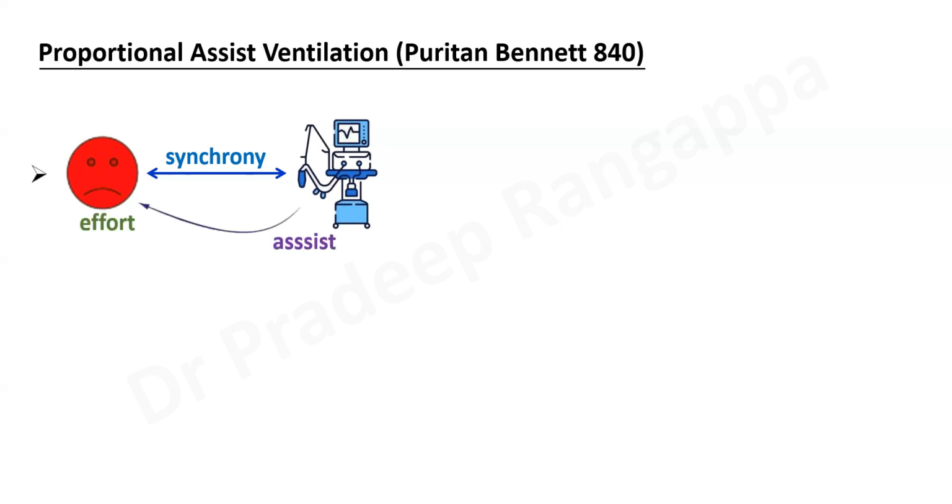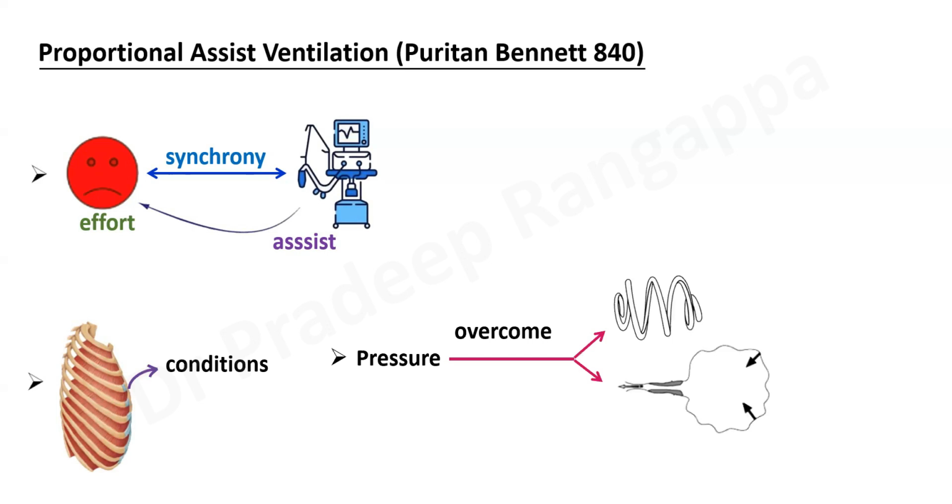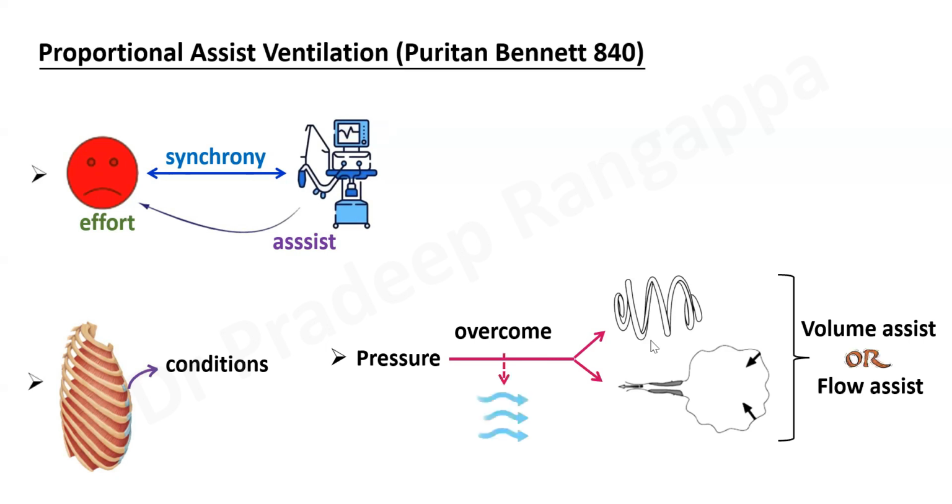The ventilator provides assist based on the patient's effort, and there is continuous conditioning of the muscles. The pressure set by the ventilator is to overcome the elastic forces and the resistive forces and to suit the flow rate. It can be volume assist or flow assist, and this changes from breath to breath, because when you set pressure support, it is constant for all the breaths.